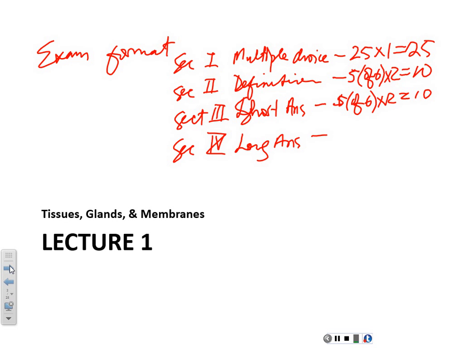I think we'll do 4 of 5 times 5, which is 20, which makes 20, 30, 40, 65.